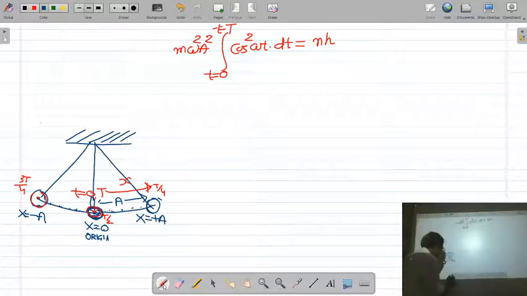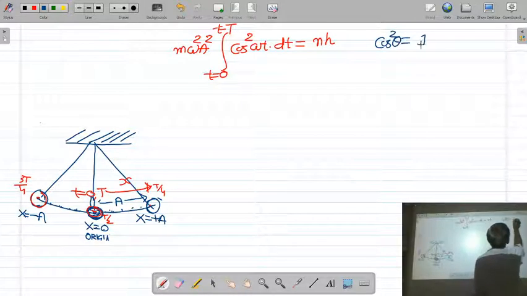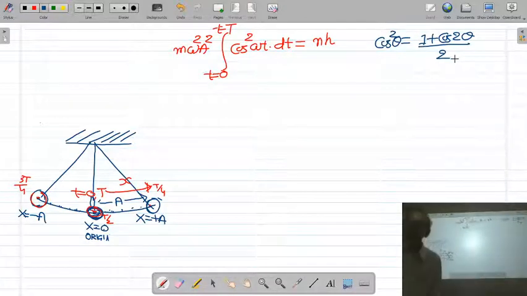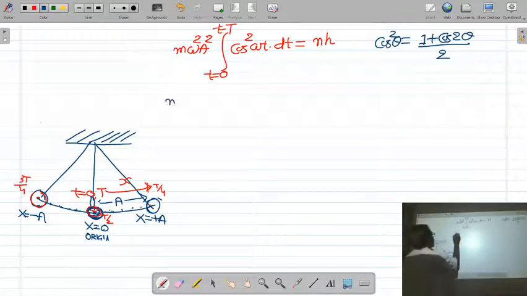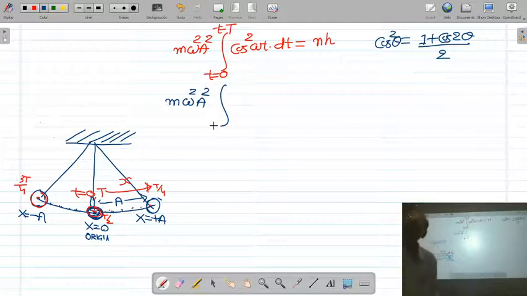cos square theta can be written as 1 plus cos 2 theta divided by 2. So using this equation, we can write n omega square a square times the integration of cos square theta, defined by 1 plus cos 2 theta by 2.